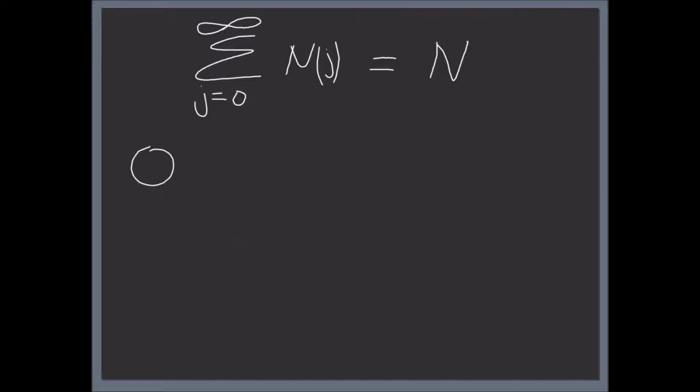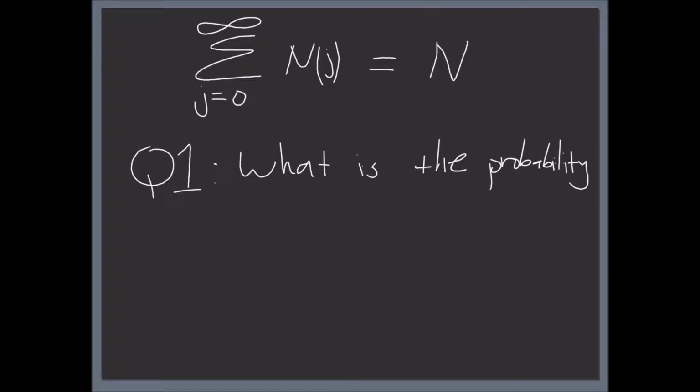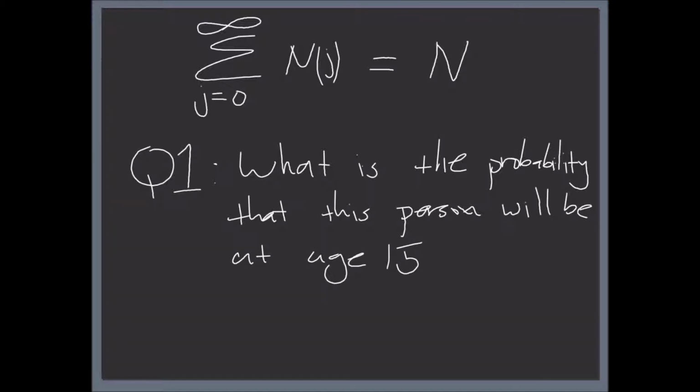So question number 1. If you select one individual at random from this group, what is the probability that this person will be at age 15?